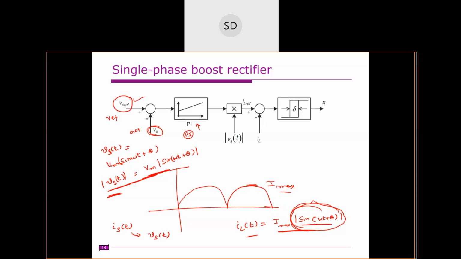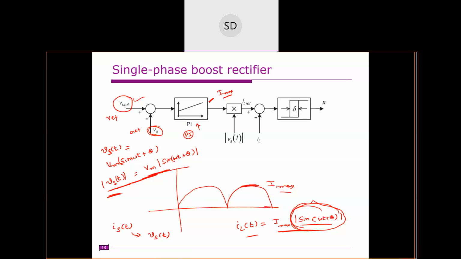We already discussed that: we maintain the capacitor voltage constant depending on the real power transfer. Based on that, the output of the PI controller sets the I maximum. Clear?